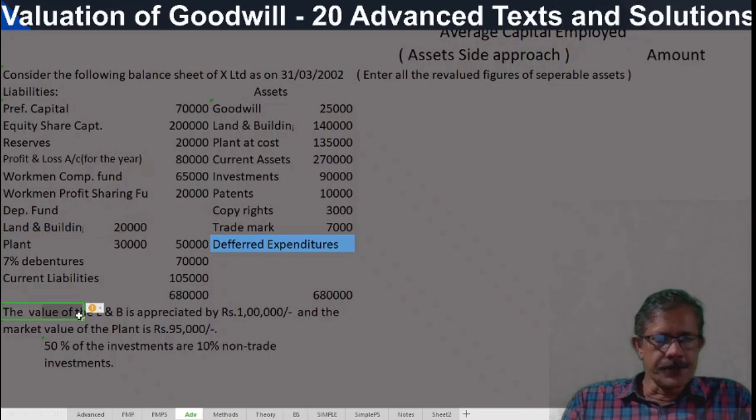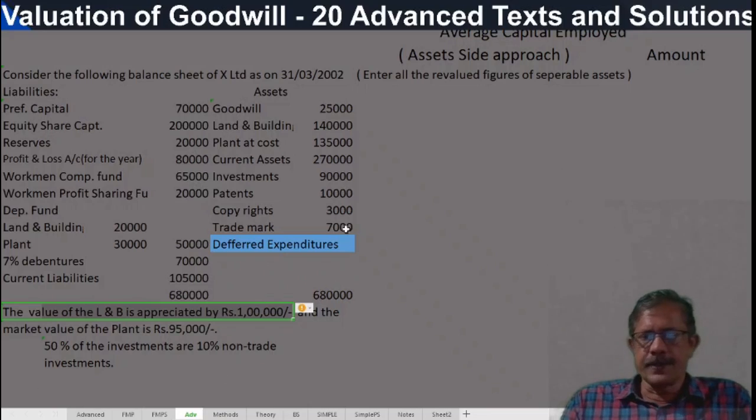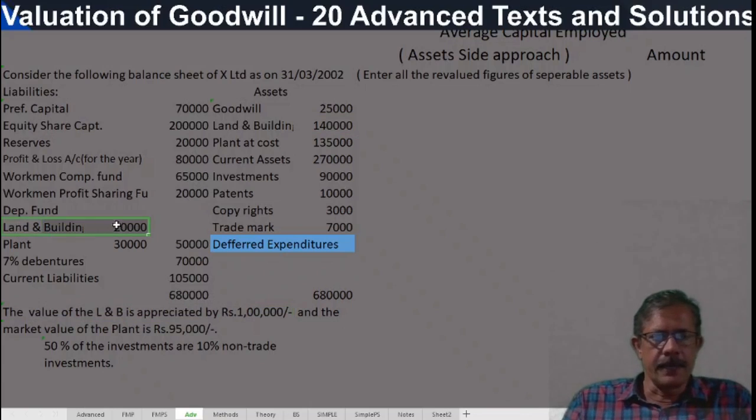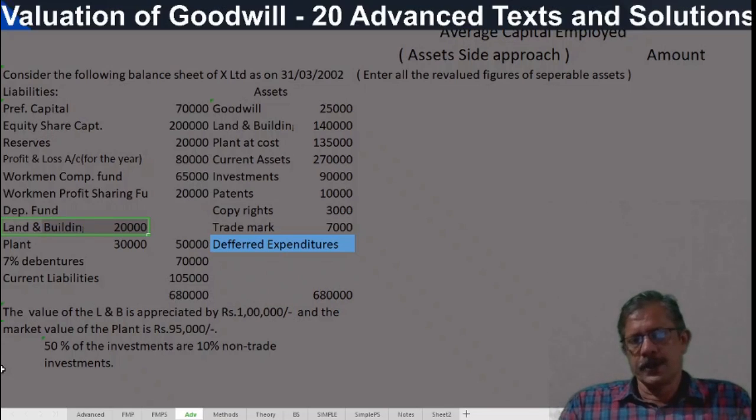And in the information, the value of land and building is shown as appreciated by 1 lakh rupees. So it is appreciated by 1 lakh, not appreciated to. So 1,40,000 plus 1 lakh would be wrong, because there is a depreciation fund appearing on the liability side, 20,000. So this appreciation should be calculated with regard to book value.